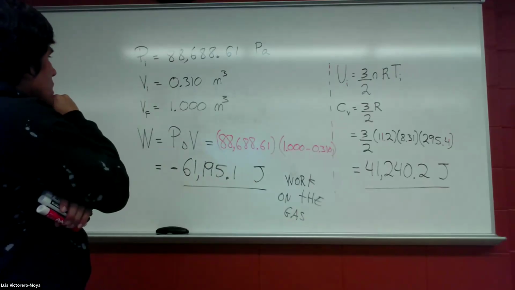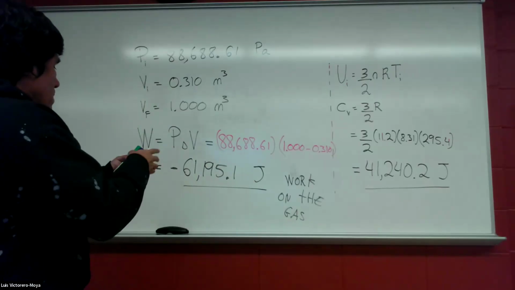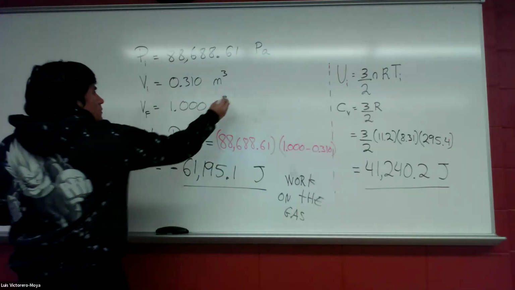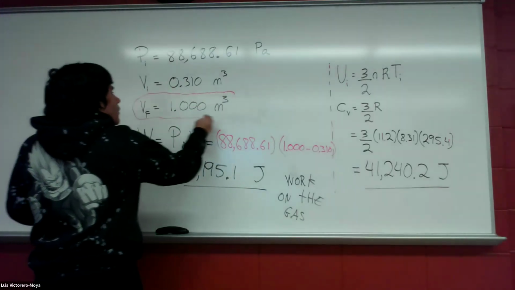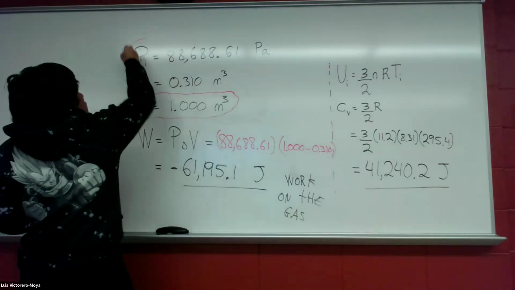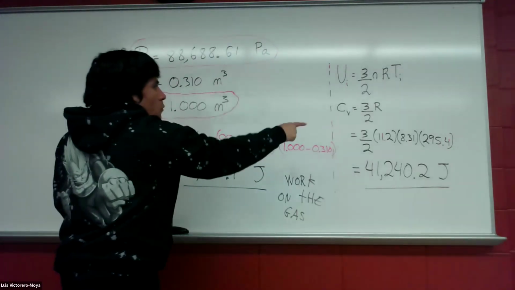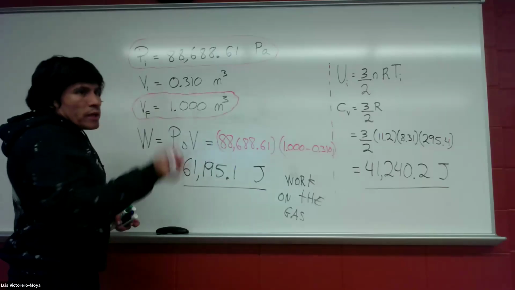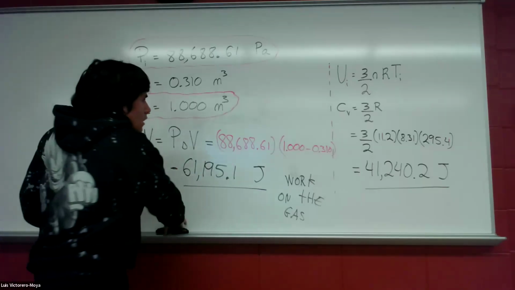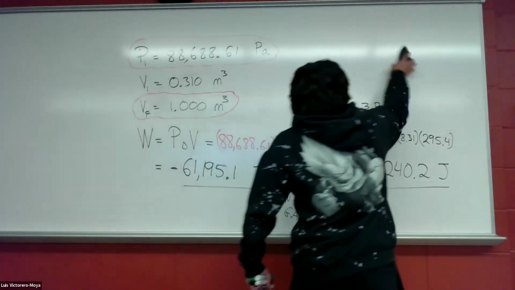So we need PV equals nRT. We have the new volume, we have the pressure, which is constant, and we have the number of moles. So we can find the temperature, right?